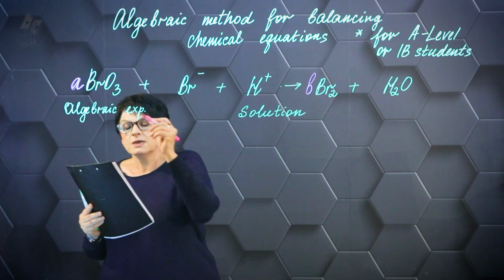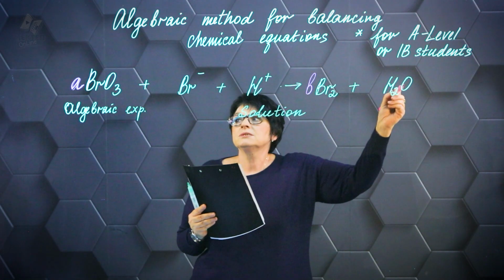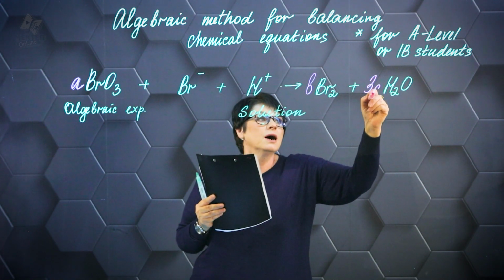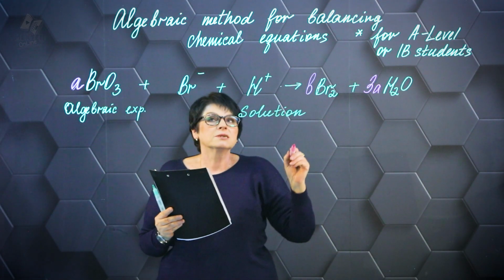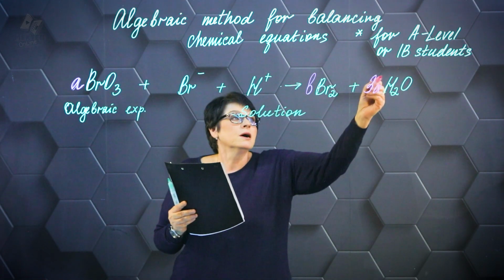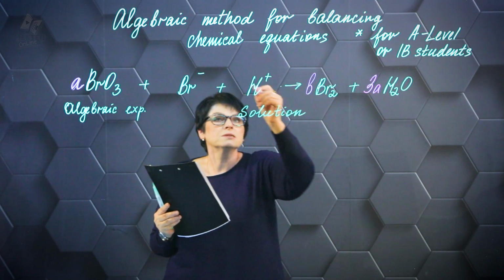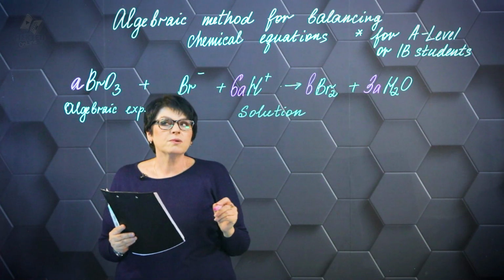So we put A in front of BrO3, so we have 3A in front of the water formula. And because oxygen comes in with the same amount, correspondingly in front of the hydrogen ion we'll have a factor of 6A, and then we're left to deal with bromine.